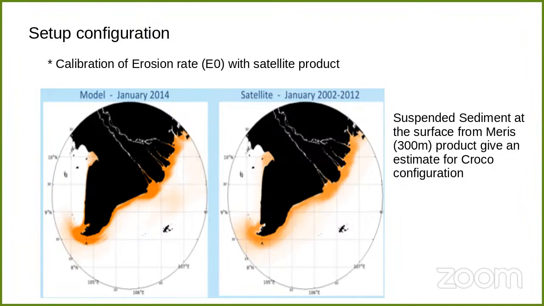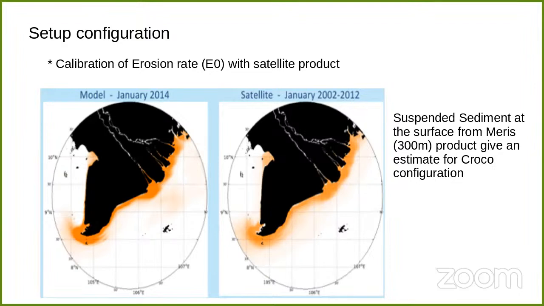The erosion rate is grain size dependent, but you need to calibrate this parameter in your namelist because there is a wide range of values. It's in the range of 10^-3 to 10^-5. So you need to fix this kind of parameter before.